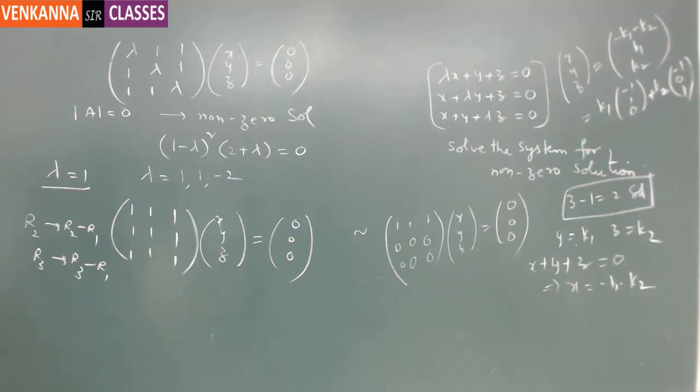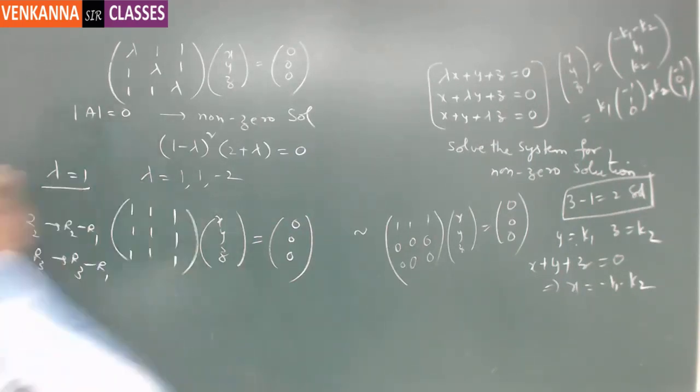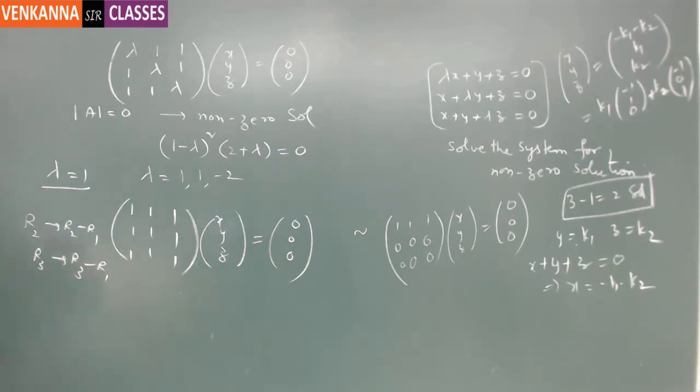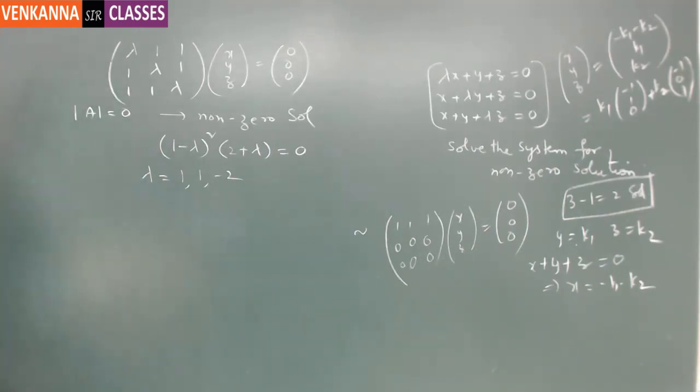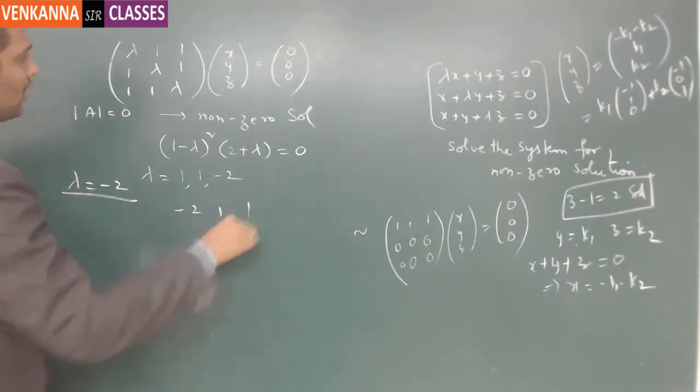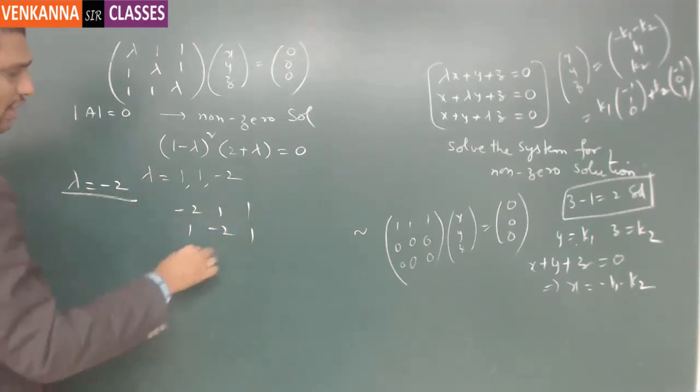Okay. So can I take the other case, taking lambda is equal to -2? If we have taken lambda is equal to -2, then it will be -2, 1, 1, 1, -2, 1, 1, 1, -2.